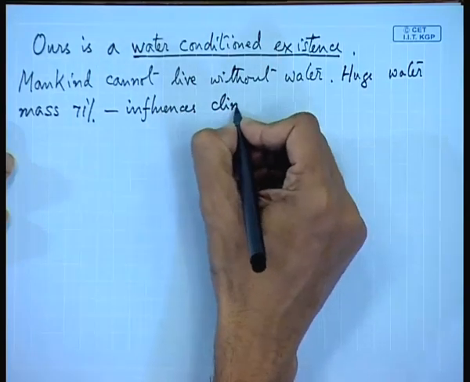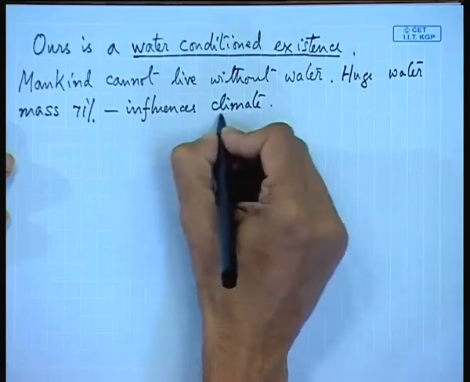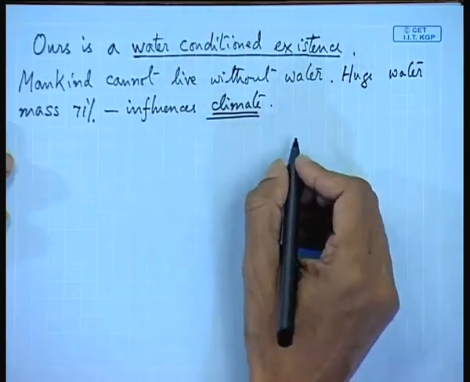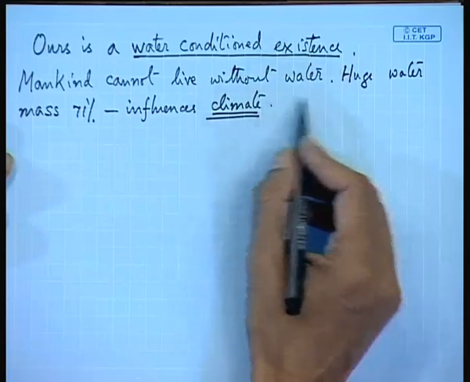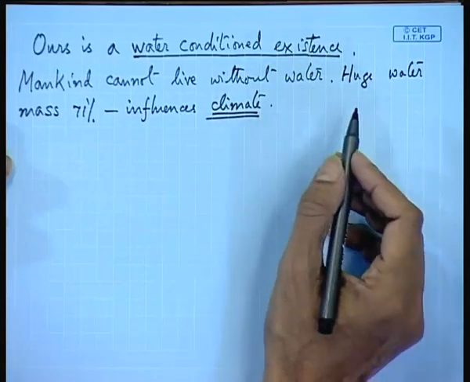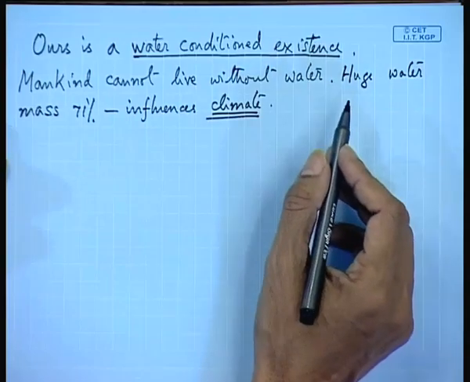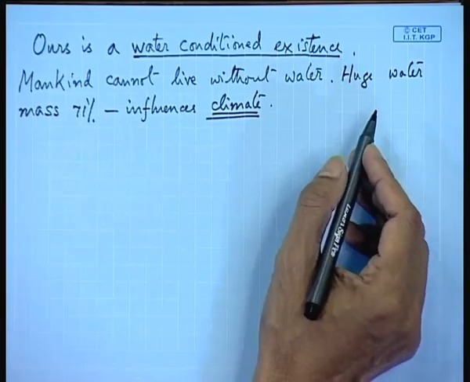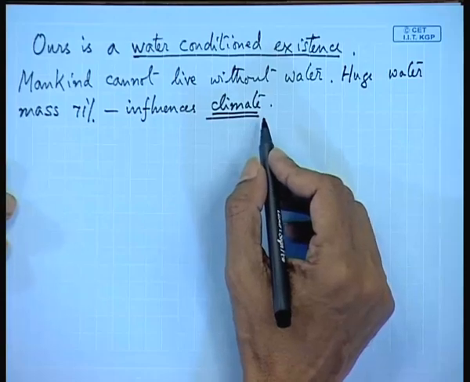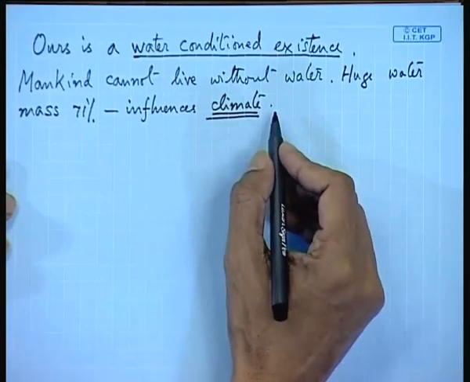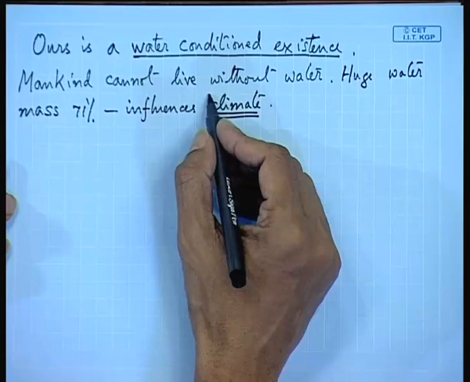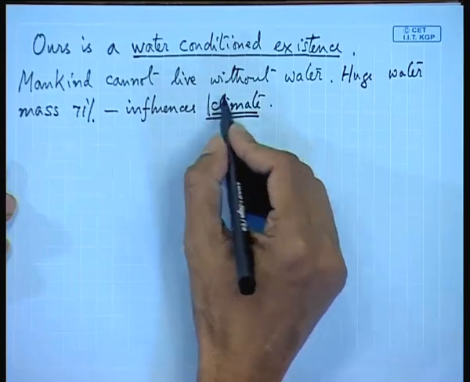So, this affects all of us. There are two important things. One is the source of water for mankind, which is supplied from lakes, rivers, and oceans to some extent, and the other is the influence of the oceanic waters on climate. This is very crucial.